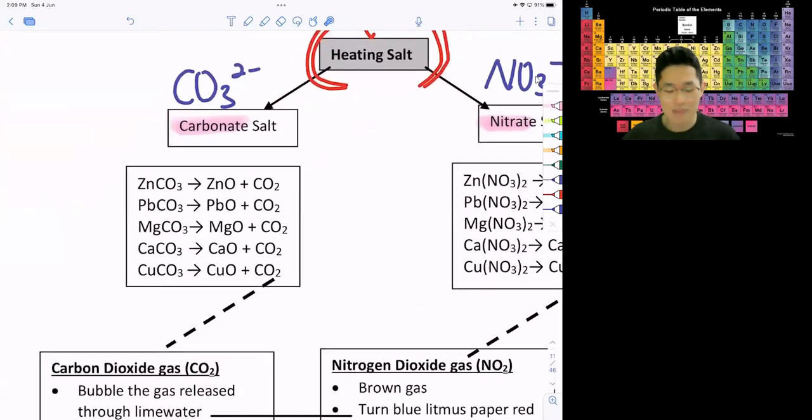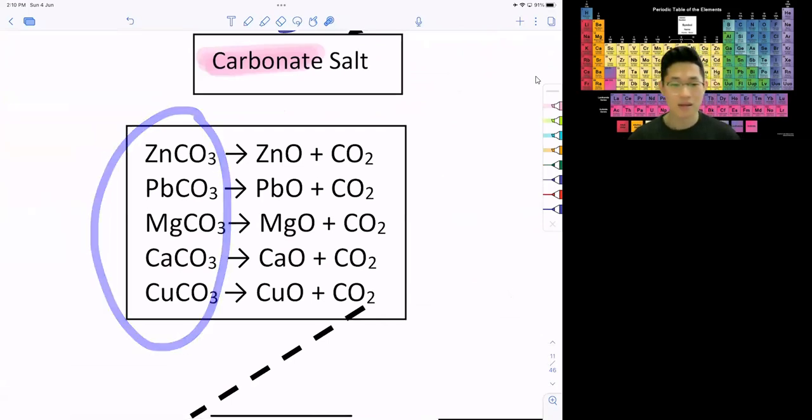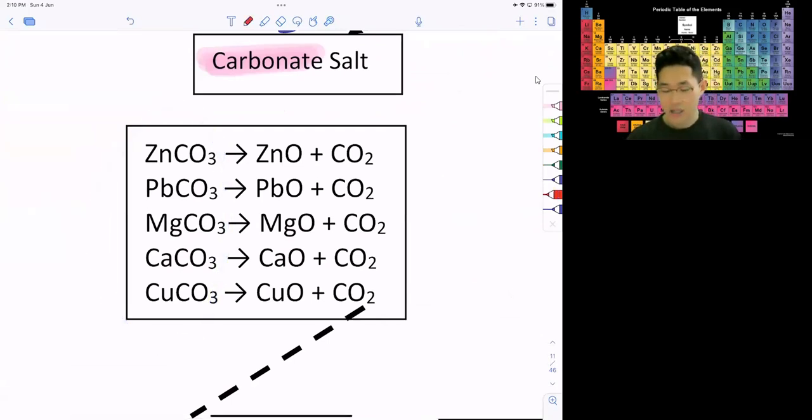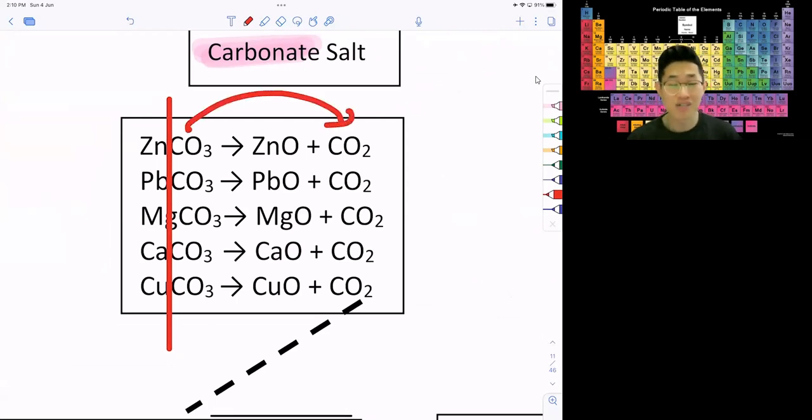So let's look at the carbonate salt. Everything here has carbonate. Heating a carbonate, CO3, produces CO2 gas. It looks alike, right? CO2 and CO3. So CO3 is the mother and CO2 is the son.